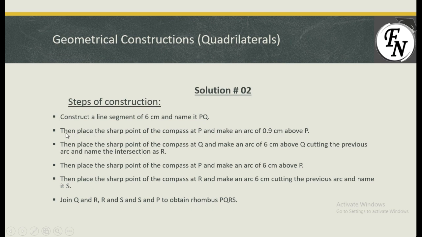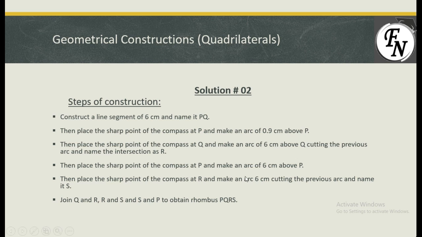After that we will place the sharp point of the compass at P and make an arc of 0.9 centimeter above P. After that we will place the sharp point of the compass at Q and make an arc of 6 centimeters above Q, cutting the previous arc, and name the intersection R. Then place the sharp point of the compass at P and make an arc of 6 centimeters above P. Then place the sharp point of the compass at R and make an arc of 6 centimeters, cutting the previous arc, and name it S. And then we will join QR, RS, and SP.